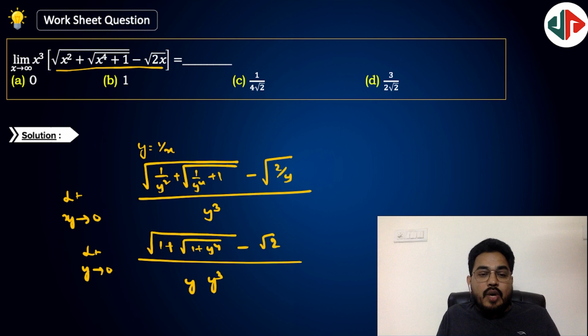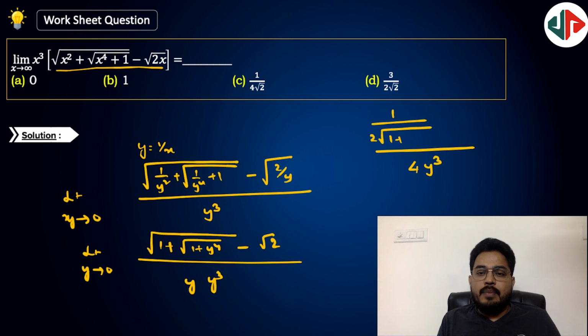One way is you can go for L'Hospital's rule here, means differentiation. So the denominator is y power 4, and you are going to get y cube. The derivative of this one is 1 by 2 root over 1 plus root over 1 plus y power 4, into the derivative of this one, 1 by 2 root over 1 plus y power 4, into the derivative of y power 4, which is 4y cube.